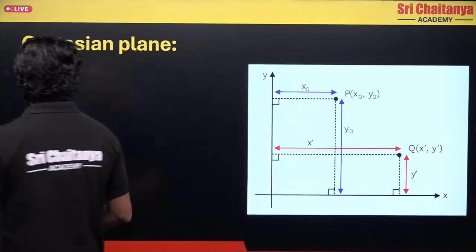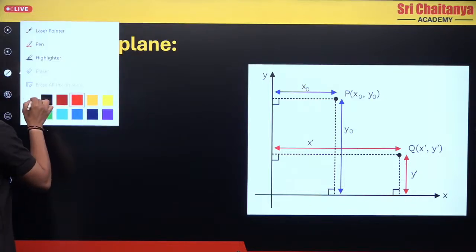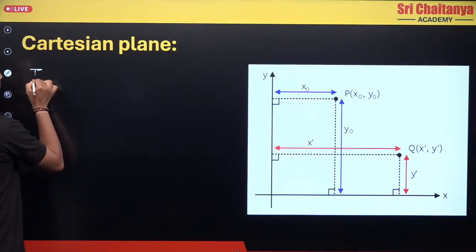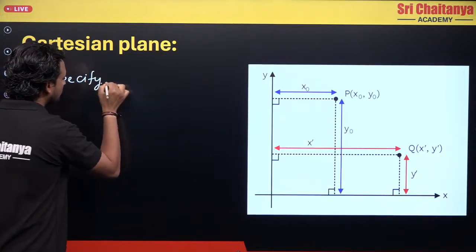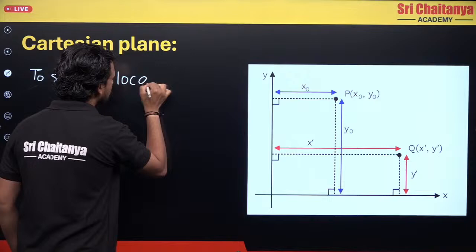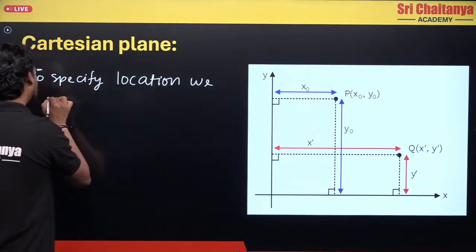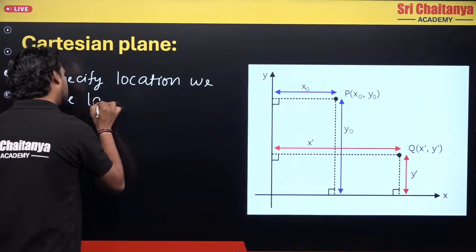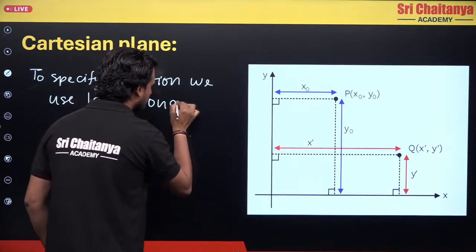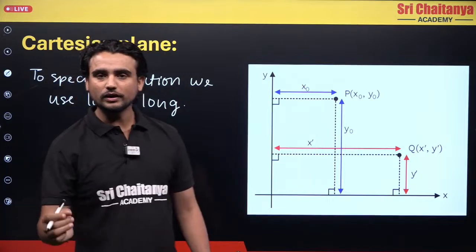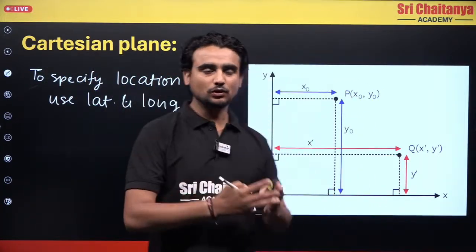So to specify my location, we use latitude and longitude. Now we are talking in terms of maths, in physics.